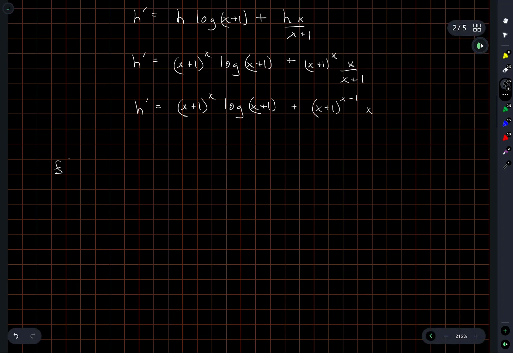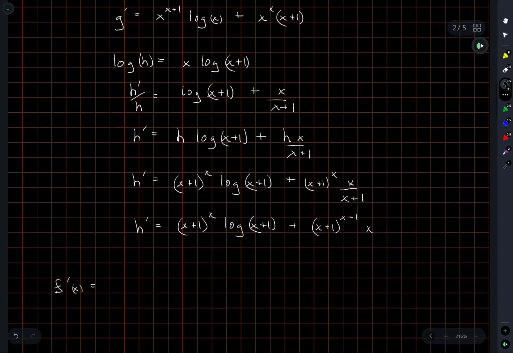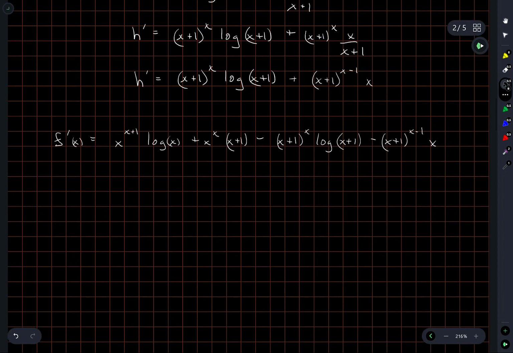Okay, putting everything together here, I have f prime is equal to x to the x plus 1 log x plus x to the x times x plus 1 minus x plus 1 to the x log x plus 1 minus x plus 1 to the x minus 1 times x.